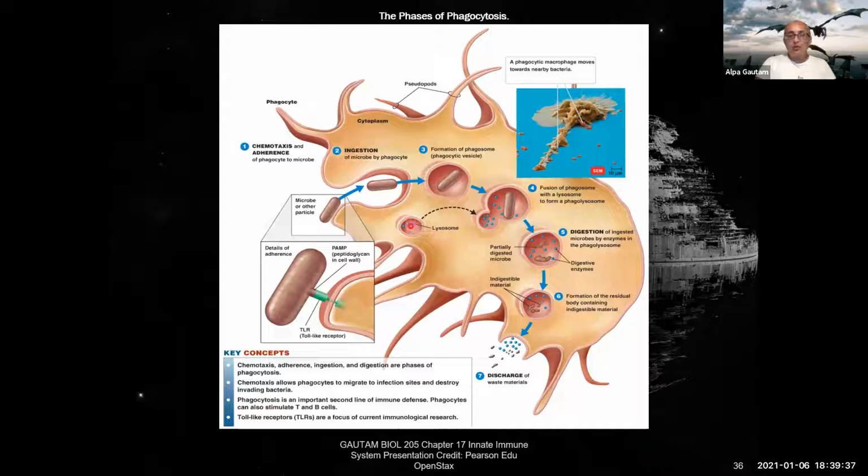As I said, a lysosome is a vesicle within our cells that has hydrolytic enzymes. When that phagosome fuses with the lysosome, it's called a phagolysosome. Now that microbe is exposed to those hydrolytic enzymes and gets destroyed, and that's the digestive process. The sixth part, of course, is to extrude or get rid of those pieces.